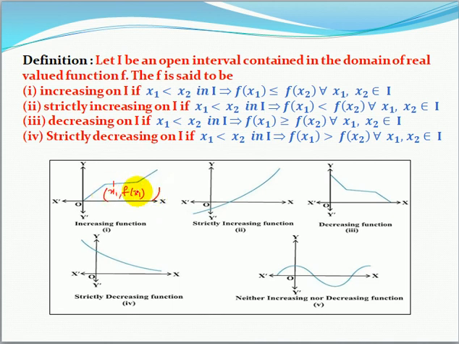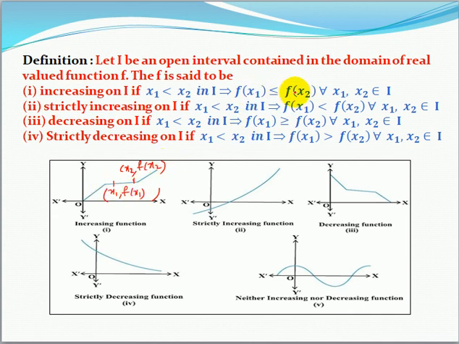And if I assume this point has x coordinate x2, then its y coordinate will be f(x2). So over here what do we see? x1 is smaller than x2, but f(x1) is equal to f(x2). So only in this stretch. In the rest of the stretches you will find for x1 less than x2, f(x1) is also less than f(x2).